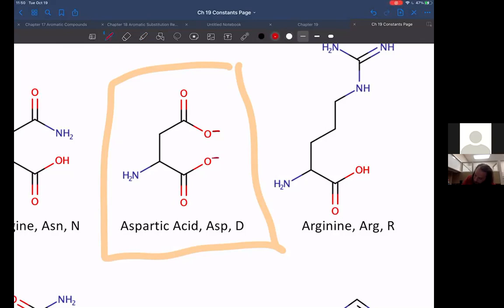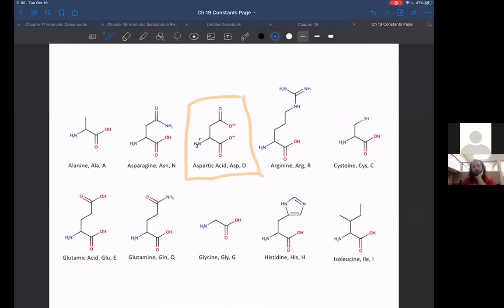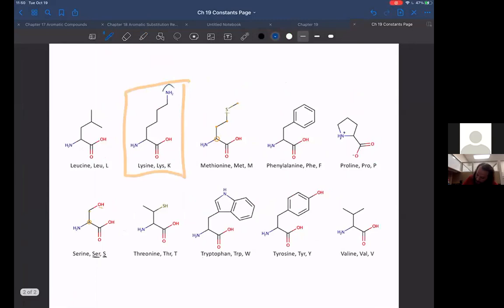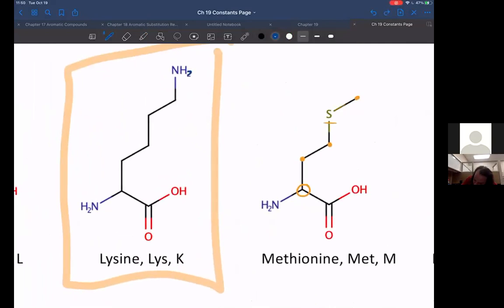Likewise, I can correct these here as well. All right, so that's going to be a negatively charged R group. And then lysine has an amine, so it's a basic amino acid, which means that at physiological pH, its R group has a positive charge. I can go ahead and correct these as well.